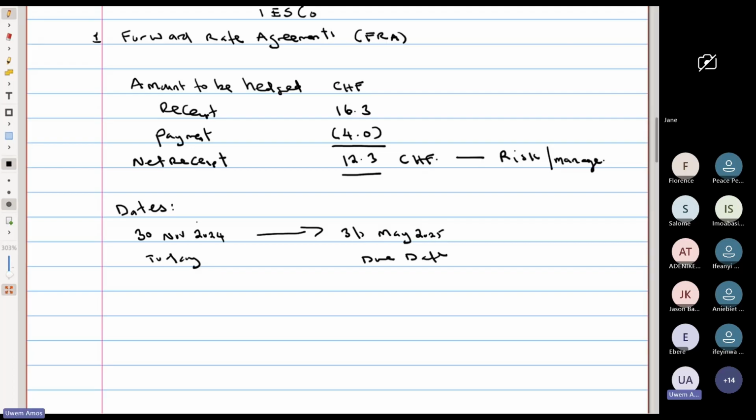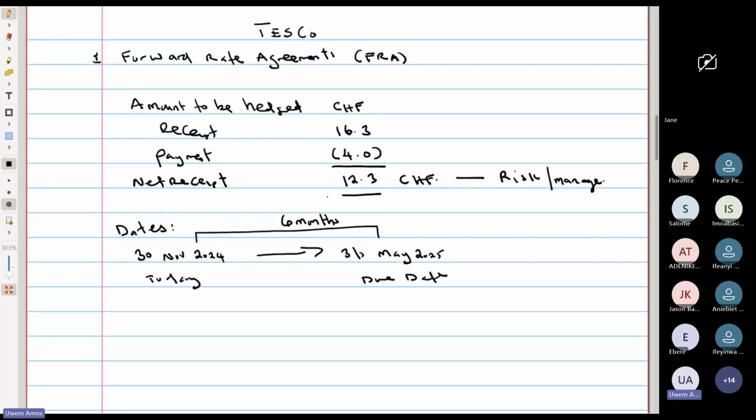So how many months from here to here? 6 months. That is November, then December, January, February, March, April, May. So that is in 6 months. So what you're interested in is to go into an agreement for 6 months.